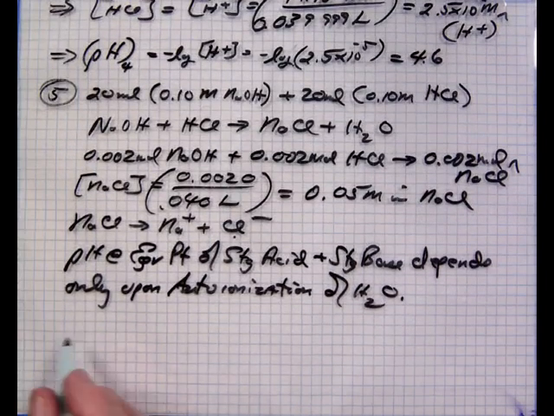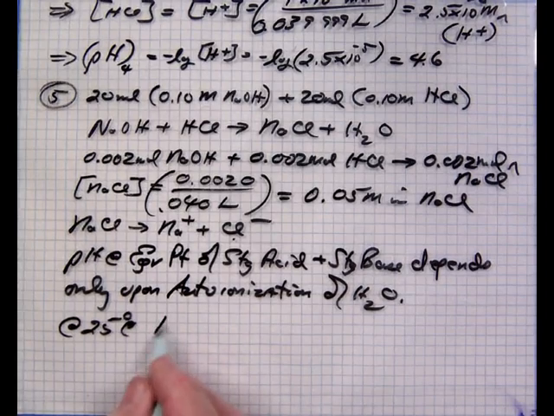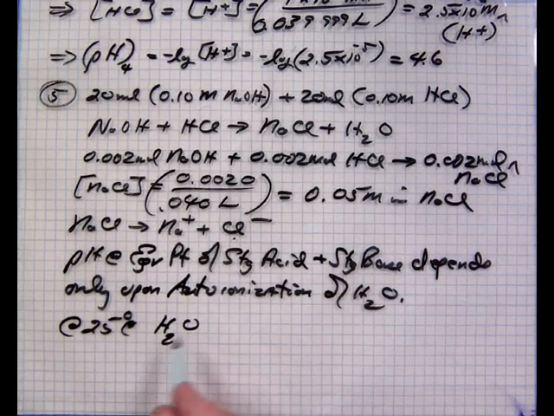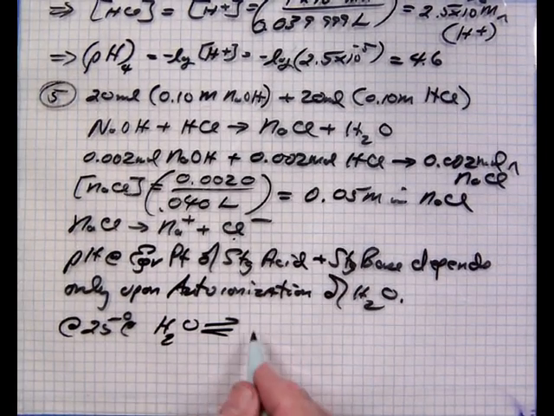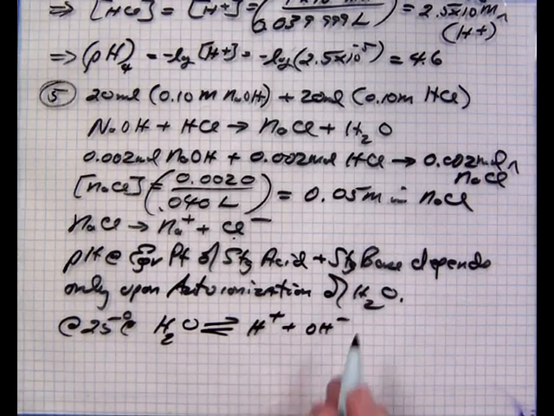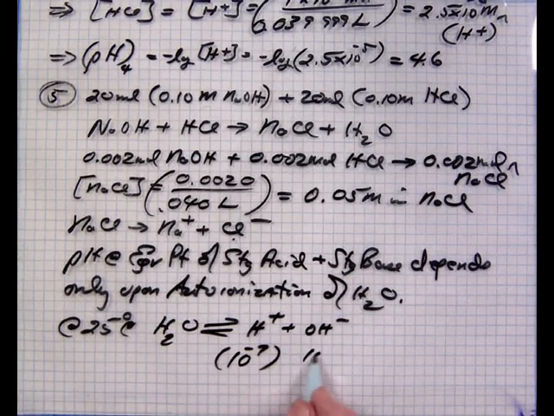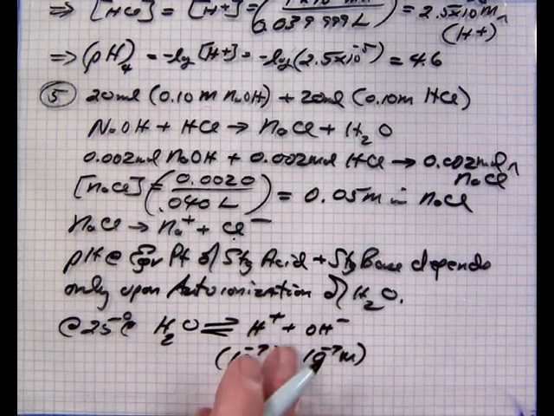Here, as you recall, at 25 degrees Celsius, it's been reported that water will ionize to hydronium ions and hydroxide ions such that each one is in an amount of 10 to the minus 7 molar.